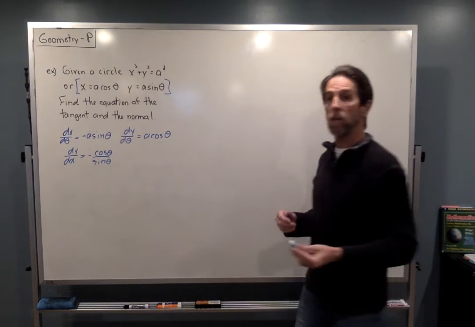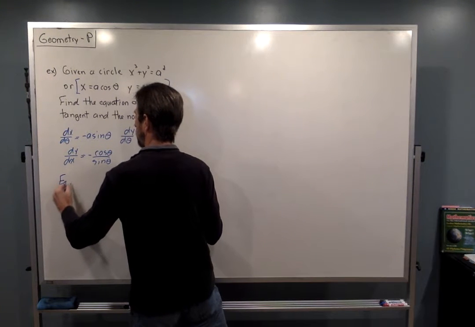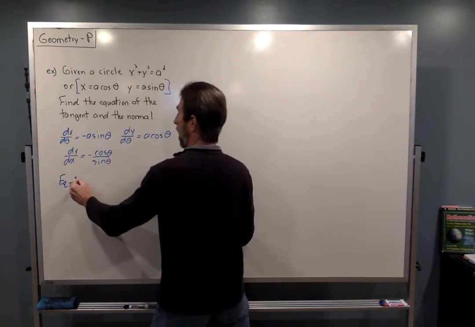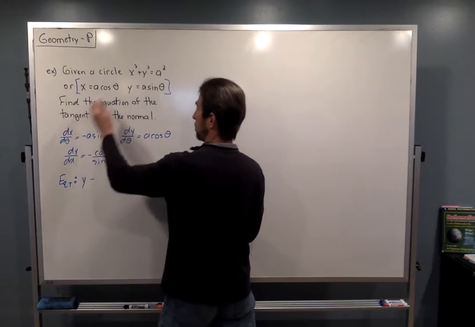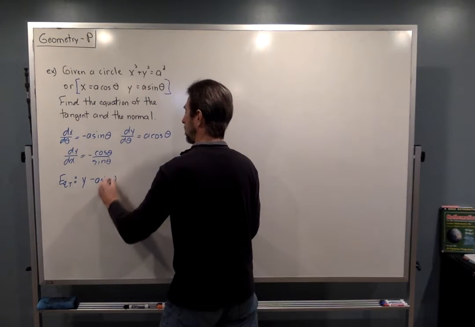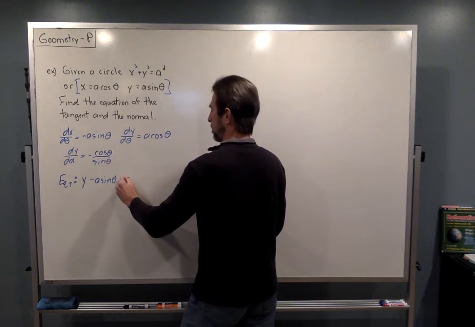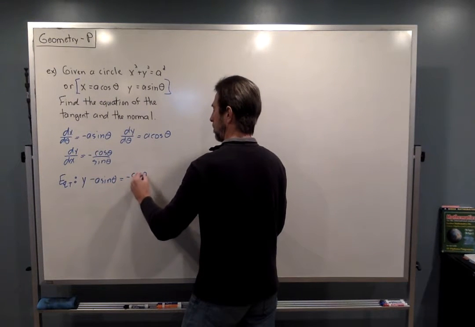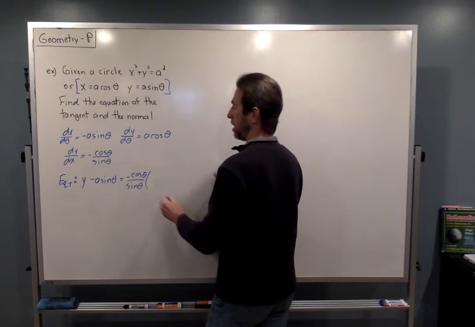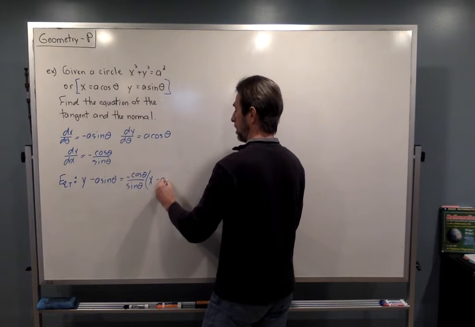Now we can easily write the equation of the tangent. The equation of the tangent is going to be a general y value minus the specific y value, which is a sine theta, and that would be equal to the slope, which is negative cosine over sine, times x minus the general x, or the specific x value, which is a cosine theta.